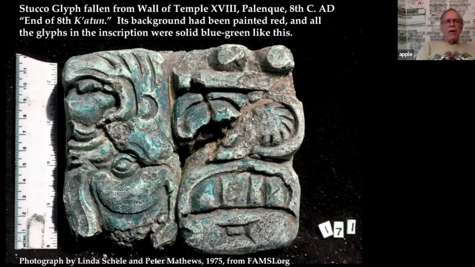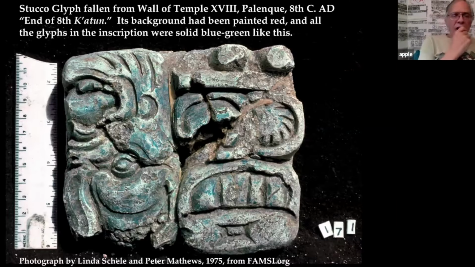And occasional exceptions to that are, again, I couldn't find a decent photograph of this, but the inscription on the door jamb of the Temple of the Cross, which is the big temple in the triad of Palenque. One of the jambs mentions a legendary king, an Olmec era king from the 7th Baktun, I think, maybe 5th Baktun.